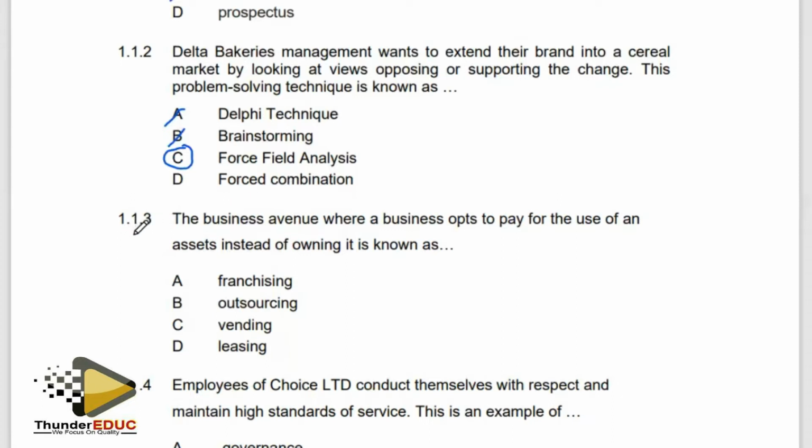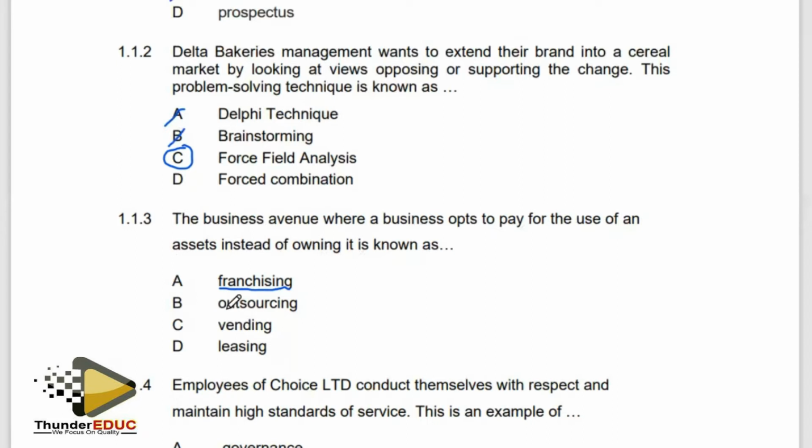Look at question 1.1.3. This is question 3 of the multiple choice, which says the business venture avenue where a business opts to pay for the use of an asset instead of owning it is known as... definitely this is not franchising, because when we talk about franchising, you buy rights from the franchisor to start a business that is the same as that of the franchisor.